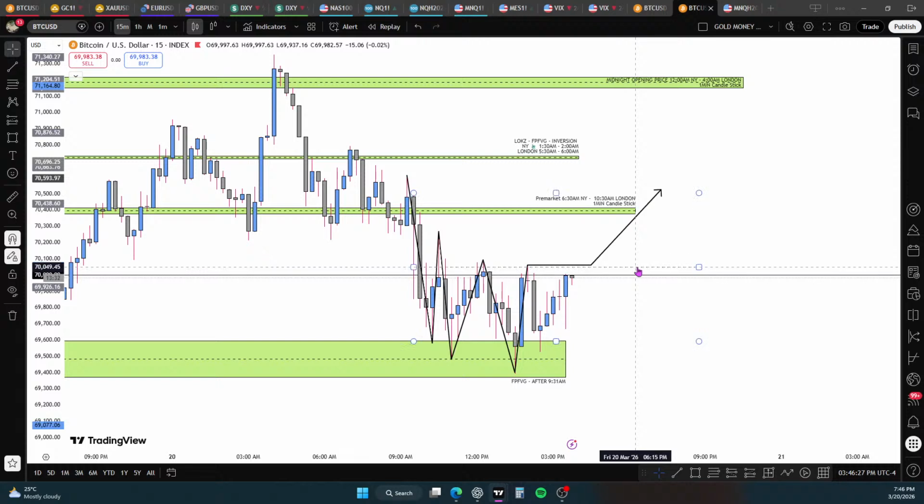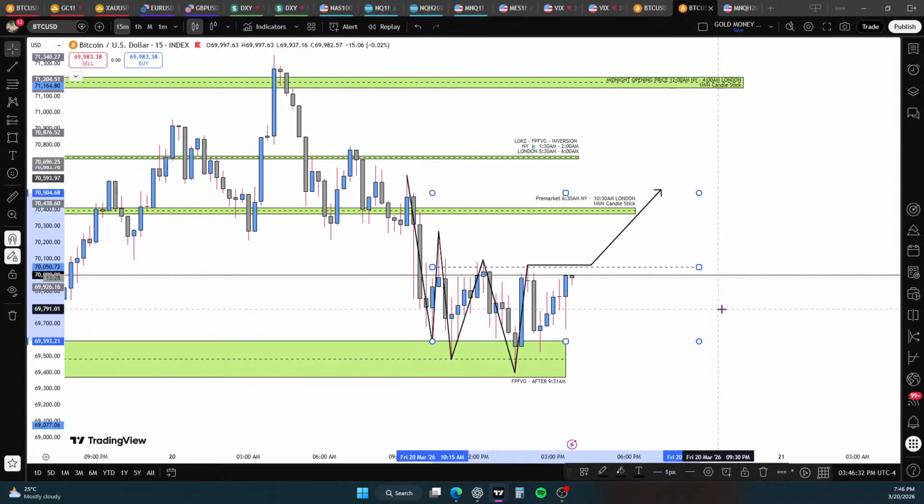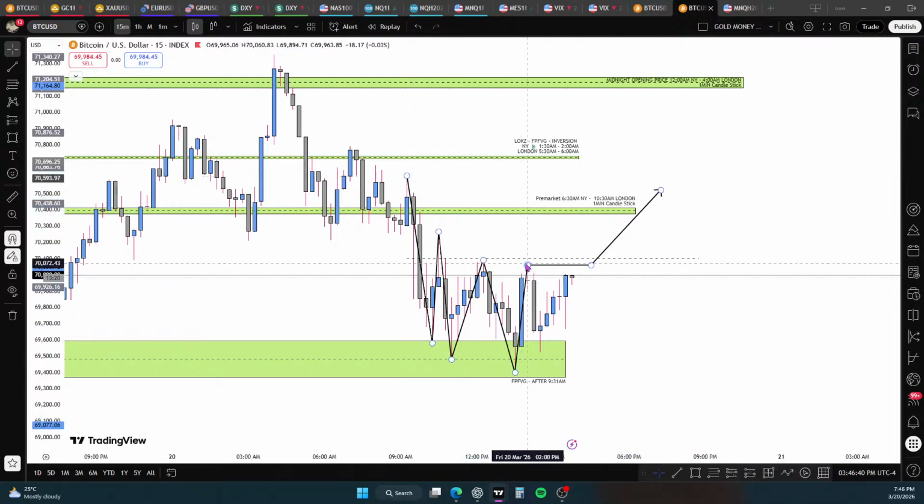So anyway, let's extend this target, okay? We're ultimately looking for this, right? So that we want these to be the 3 drives lower and then for price to come up into, yeah, this area, right?